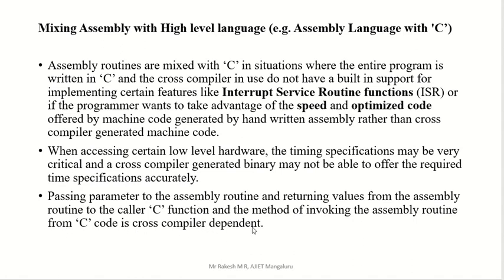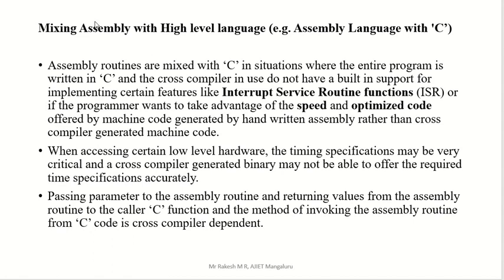So what is a cross compiler? We are using it to convert our mixed code to your main .hex file. For that purpose we are using a cross compiler. Cross compiler is used in embedded C, but a compiler is what we use in pure C language. Okay, now passing parameters means there is some parameter passing from your low level language to high level.